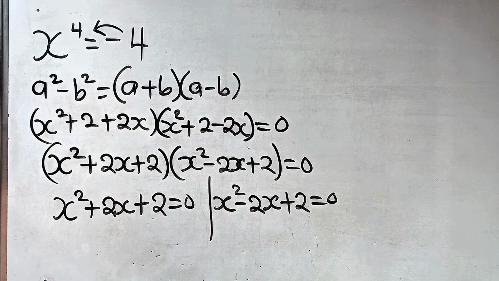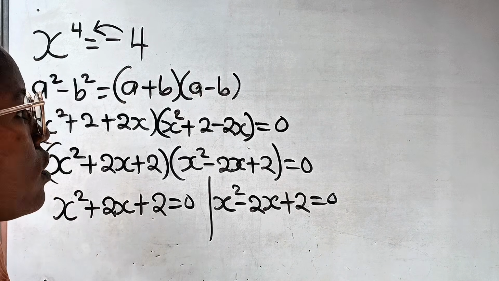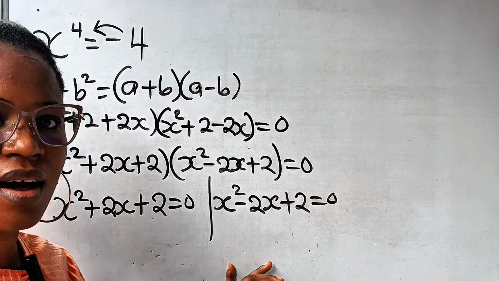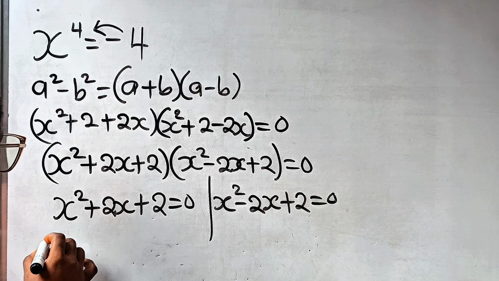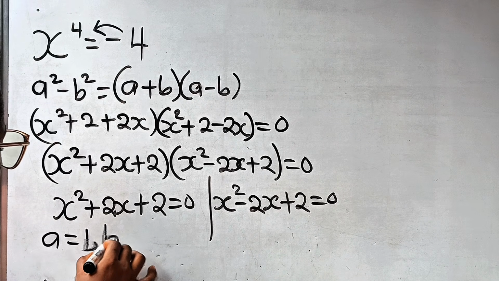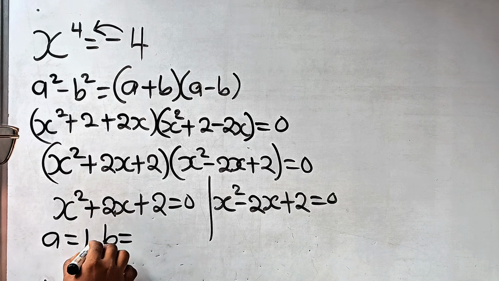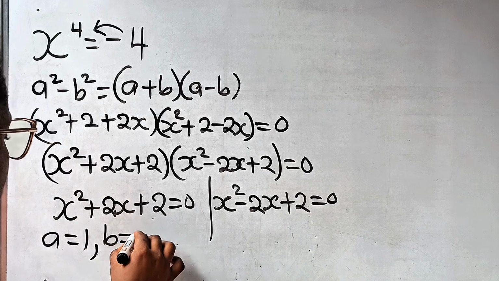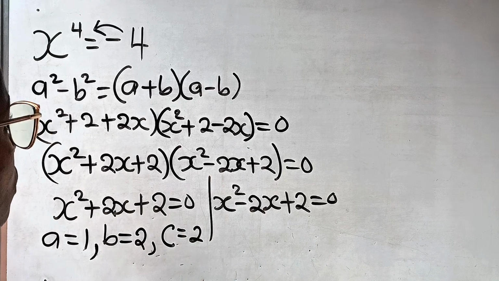Now, we are going to solve this using the quadratic equation, and we are going to see if we are going to get an answer to our x. So using the quadratic equation, recall, in this case, our a is the coefficient of x squared, which is 1, our b is the coefficient of x, which is 2, and our c is our constant, which is also 2.